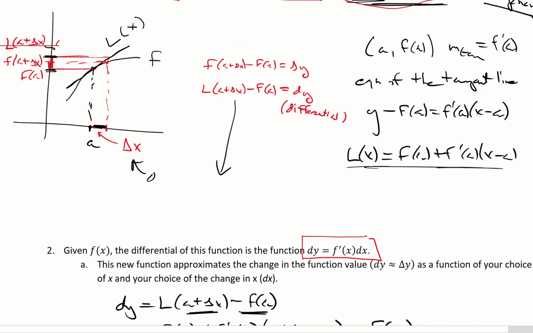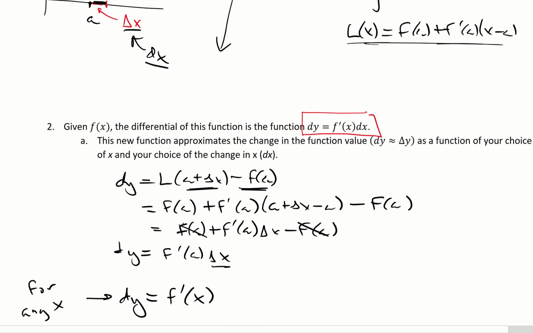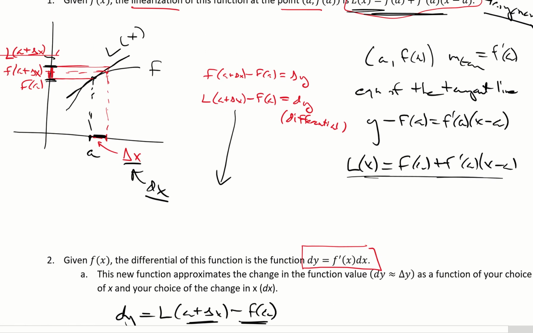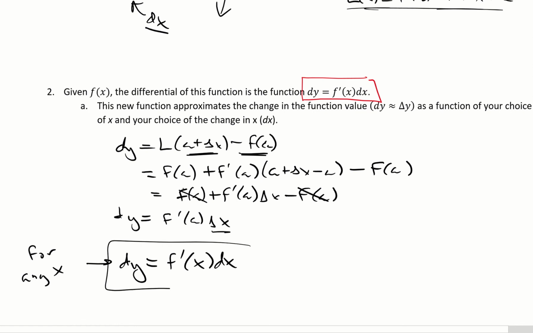That's the same as dx, so we're going to say those two are the same name and call it dy is equal to f prime of x dx, because those are two names for the same thing, the change in x. The change in x is whatever it is. The change in the function value is delta y. The change in the tangent line value is dy. And there you go. There's the formula for the differential.